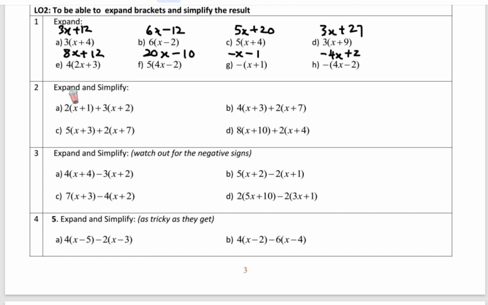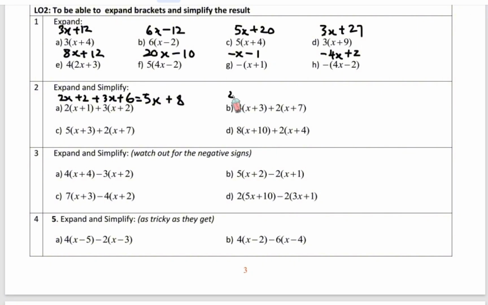Question 2. Expand and simplify. So this would be 2x plus 2 plus 3x plus 6. So it will be 5x plus 8.